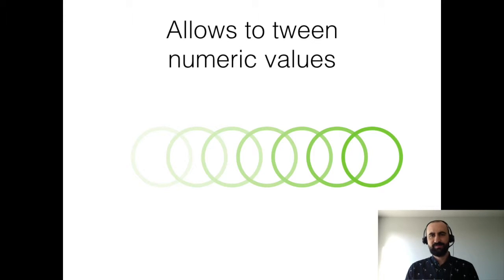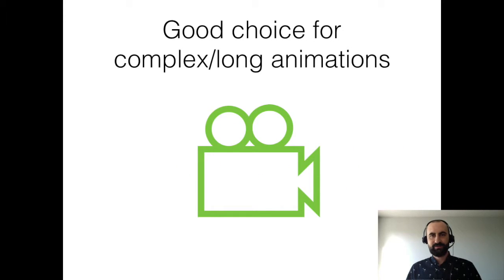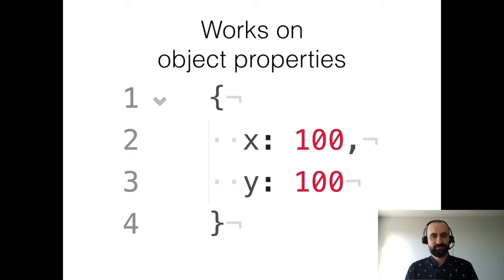They all tween numeric values like width or height. But there's one thing that GSAP is much better at: managing complex tweens. I mean long animations or some complicated user interface animations. This is where GSAP really shines.